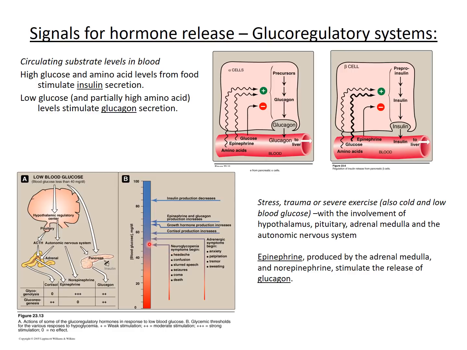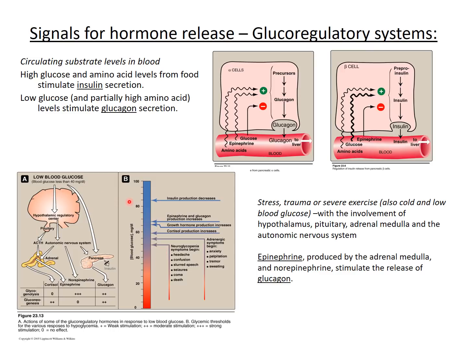Then, as it drops further, the neuroglycopenia symptoms will appear: headache, confusion, slurred speech, seizures, coma, and even death can occur when circulating glucose level drops further.